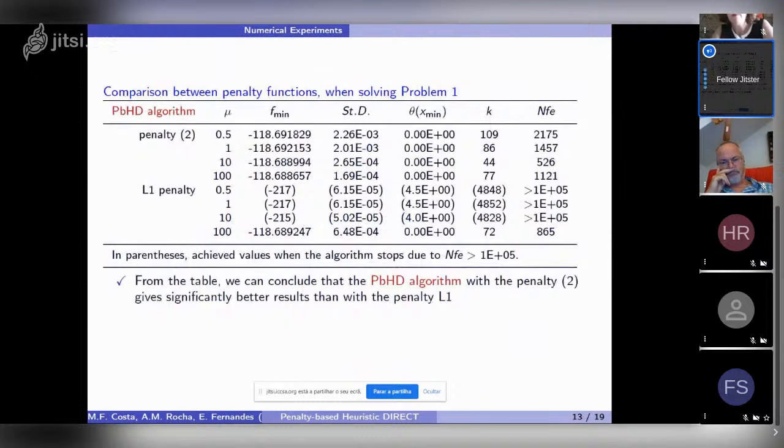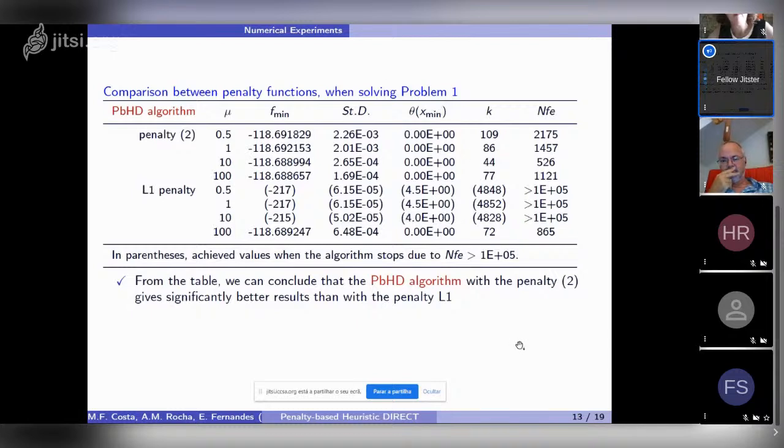First, we compare the performance of the algorithm with the penalty auxiliary function, penalty 2, and with the L1 penalty, with 4 values of penalty parameter, when solving the problems 1 and 2. Here are the results with the problem 1.